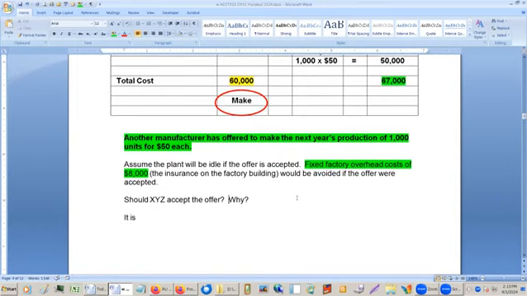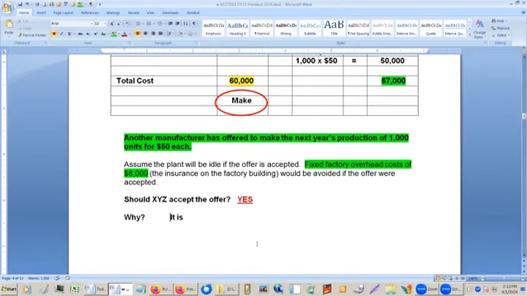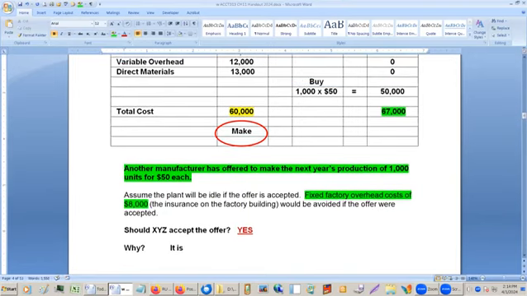I'm sorry. Yes, and it is what, $7,000 cheaper.